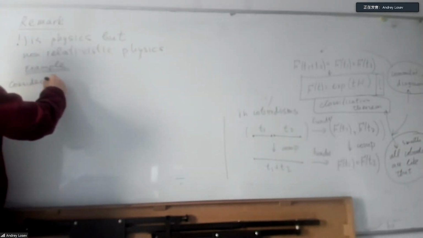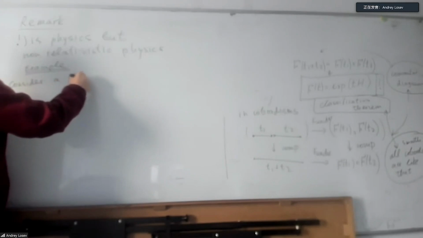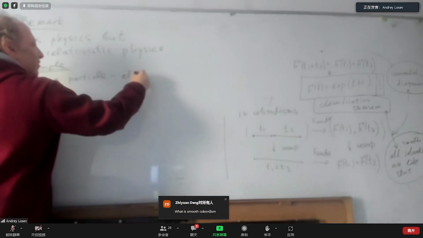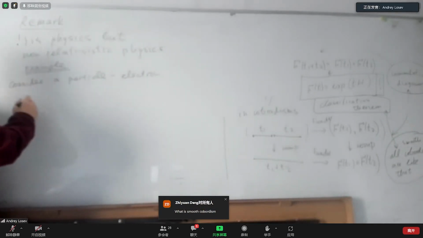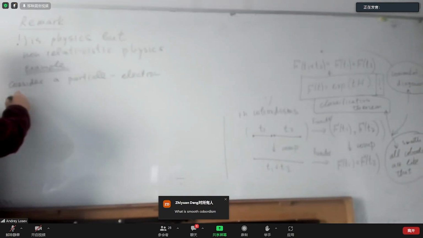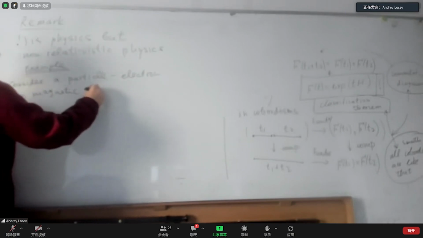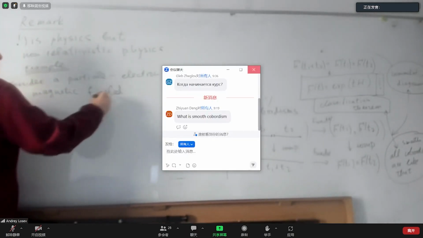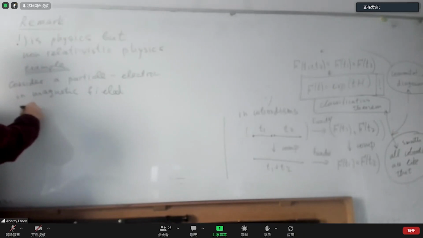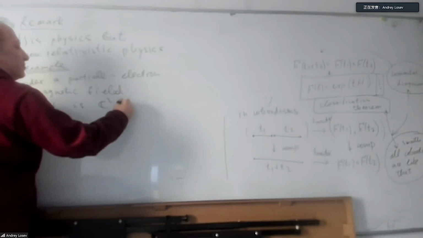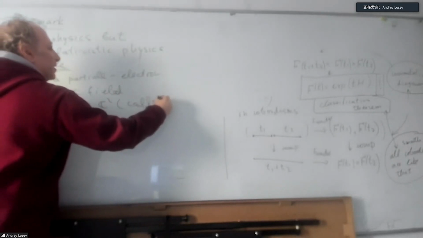Consider a particle, let us say an electron, in a magnetic field. Its L is C squared, called spin.